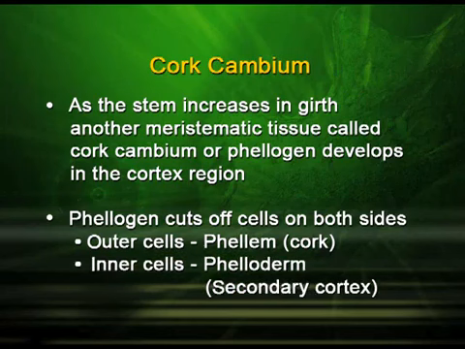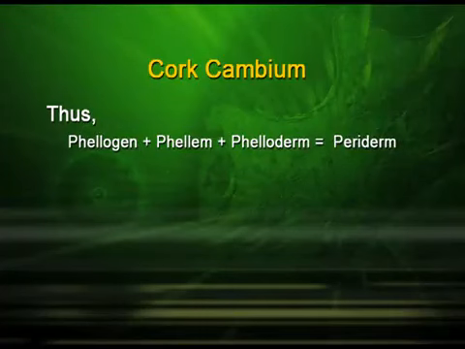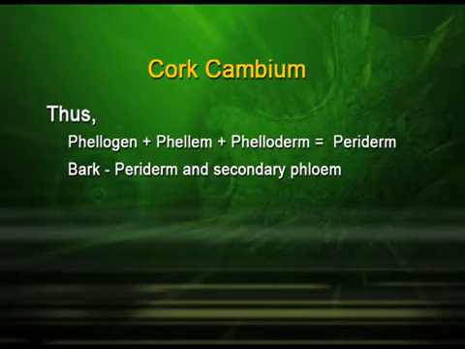The inner cells are the phelloderm, which is the secondary cortex. Thus, we can say that phellogen plus phellem plus phelloderm is equal to periderm, or periderm constitutes phellogen, phellem and phelloderm. The bark is the periderm and secondary phloem.